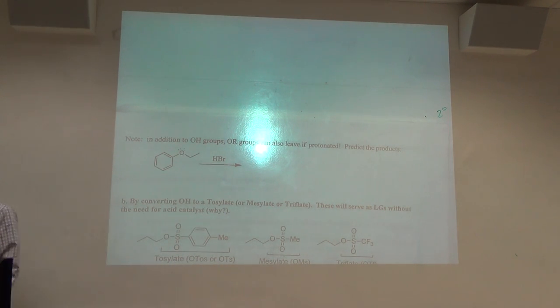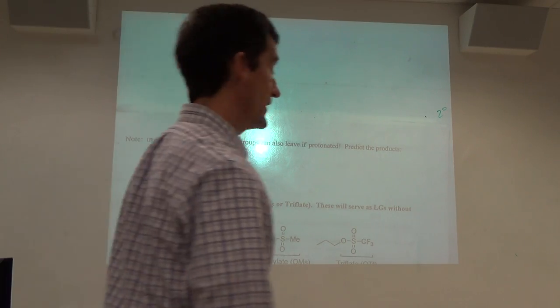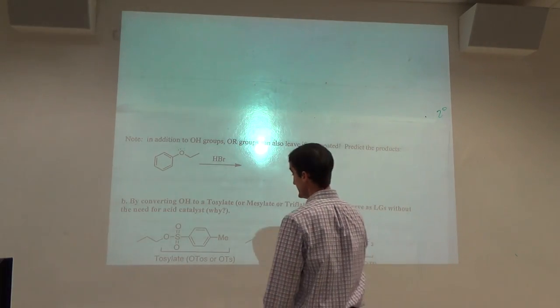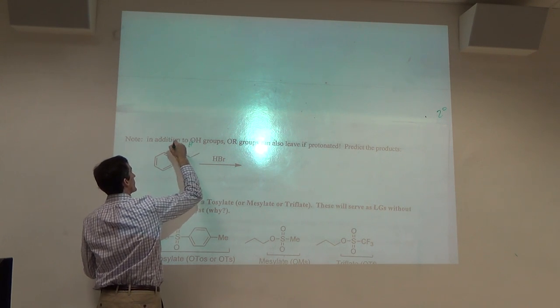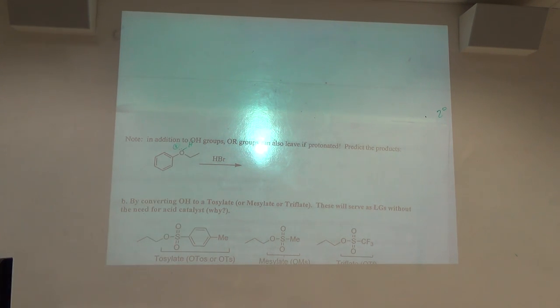What can you do with that oxygen with HBr? Protonate it. Now you can show the mechanistic step, or you can just protonate it. Does everybody agree we can protonate it? HBr is a strong enough acid to protonate. Okay? We got that.